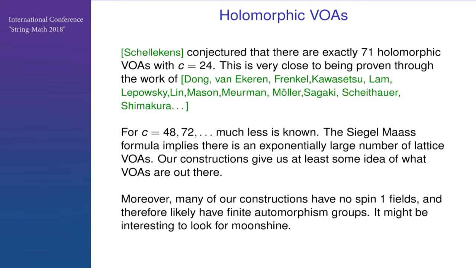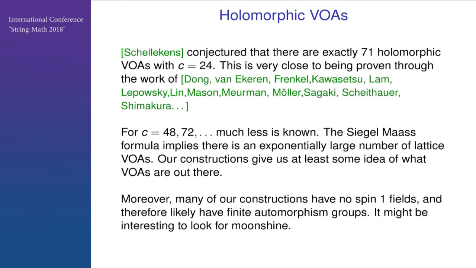So in particular, we know that there is an exponentially large number of holomorphic vertex operator algebras. Simply by using the Siegel mass formula, we know that there's an exponentially large number of even self-dual lattices, and each of those will, of course, lead to a holomorphic vertex operator algebra.